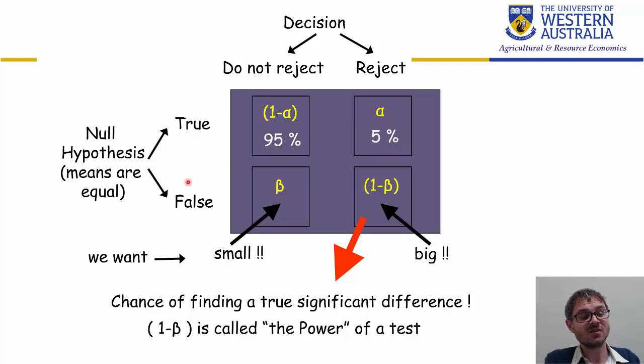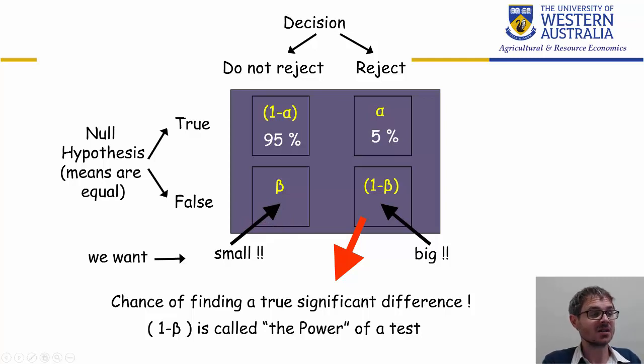If the null is false, we want to reject it. So we want to have power, a high chance of being in this box, which is if the null is false, that means there really are differences. We want to be able to detect them. That means rejecting the null. And we want small of this, when the null is false, not rejecting it.